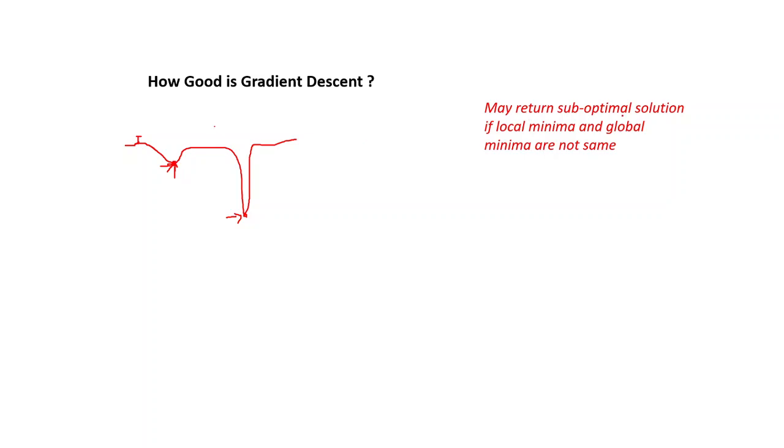Now, this is a problem with almost all the optimization problems in deep learning, because they do get stuck at local minima and they will return you that value. So it is not actually so bad, but of course this happens, and you need to know that a problem like this might happen.